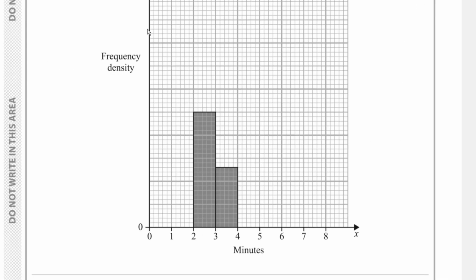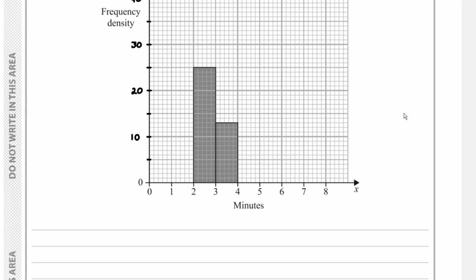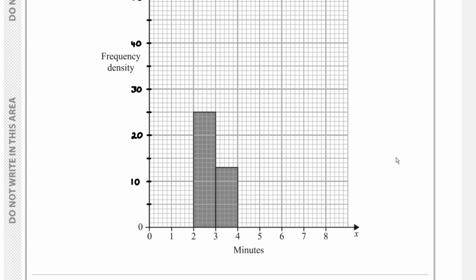And therefore, we can form a scale. We know up to here we have 13, which means up to here we have 10, here we have 5, so we have 5, 10, 15, 20, 25, 30, etc. So we have our scale shown here. For the bar with the interval 2 to 3, we have a frequency density of 25.